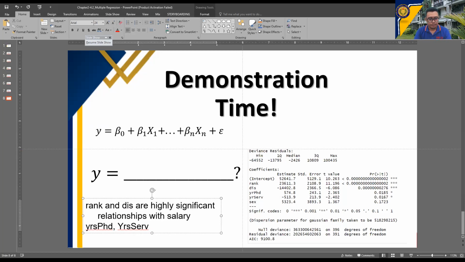While these two, the years in PhD and the years in service, have a significant relationship with salary.